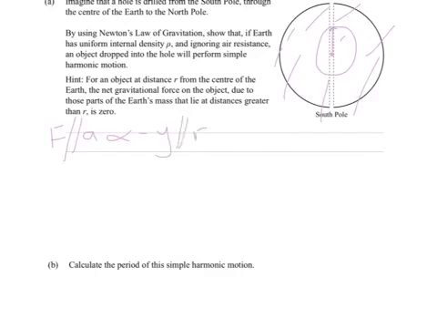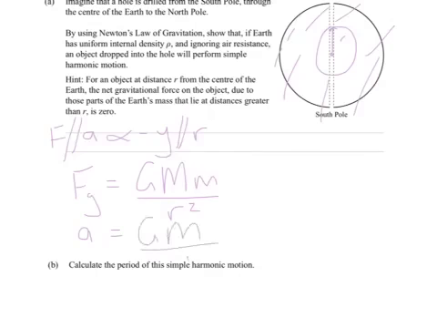So Newton's Law of Gravitation, Fg equals G times the mass of the Earth times the mass of the object divided by the radius that you happen to be at squared. We can simplify this. We can just go to the acceleration, because the force and the acceleration are proportional, and I'm also doing that because later on it's useful in the question. So a equals the universal gravitational constant times M divided by the radius squared.